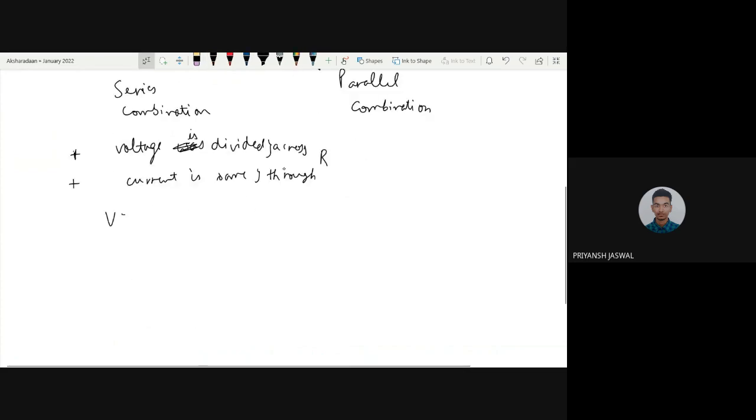So V breaks into its components, and I remains same throughout the resistors because there's only one arm, that is, all the resistors are connected in series. Say R1, R2, R3 up to maybe Rn, as long as we want it to be.